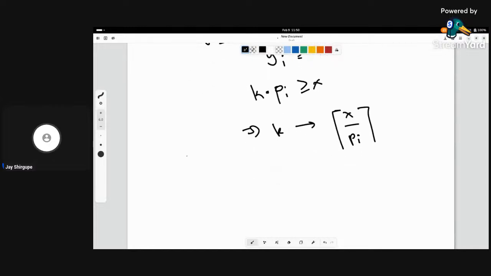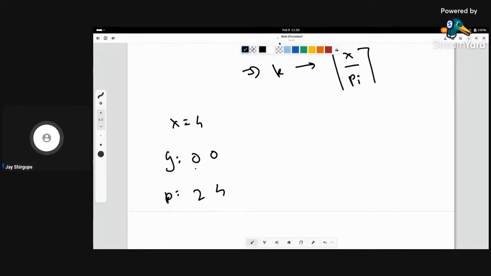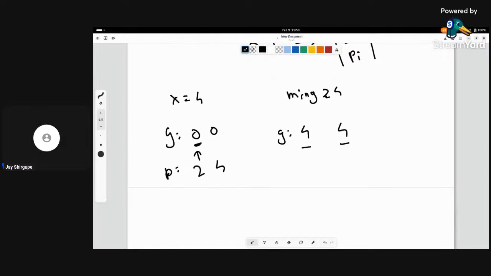is this upper bound. So for example, we are looking at x equal to 4. g is initially all zeros, and p is 2 and 4. If you want to make the minimum of g greater than or equal to 4, then at the very least every element in g has to be 4. In that case, how many times does p have to be added to make them equal to 4?